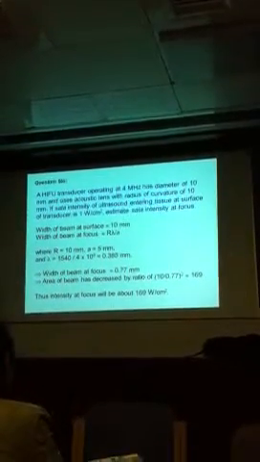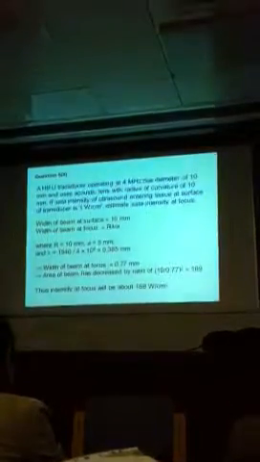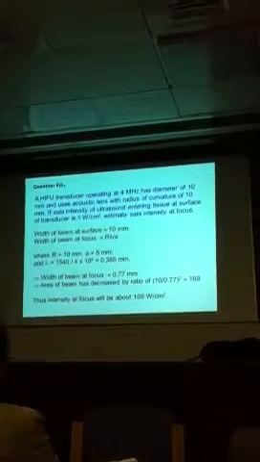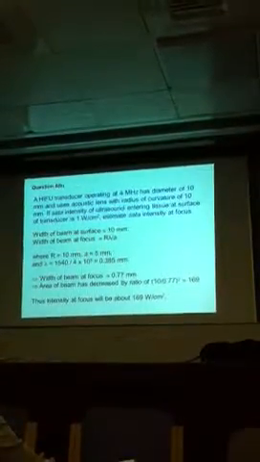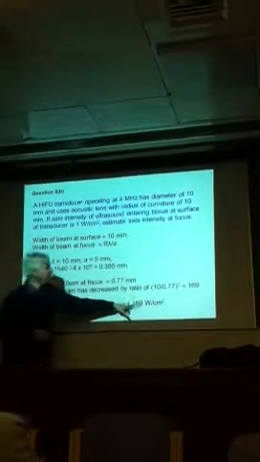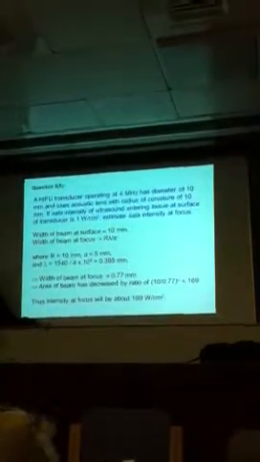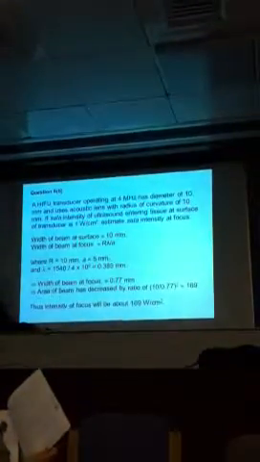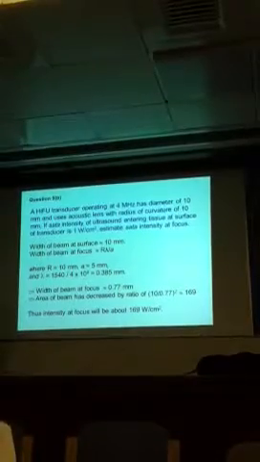So the area of the beam has been decreased due to focusing by a factor of about 169, and therefore the intensity has increased by a ratio of 169. So you can see you can get a very considerable amount of energy deposited in a very small area. It's about 169 watts per square centimetre. It's a lot of energy being deposited in the tissue.